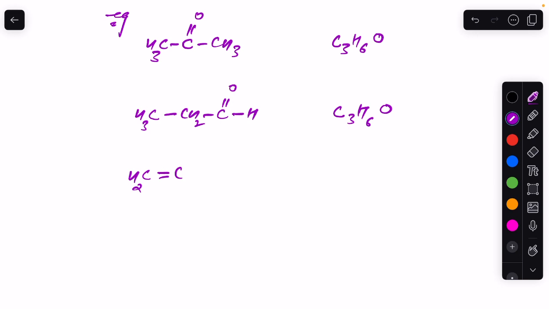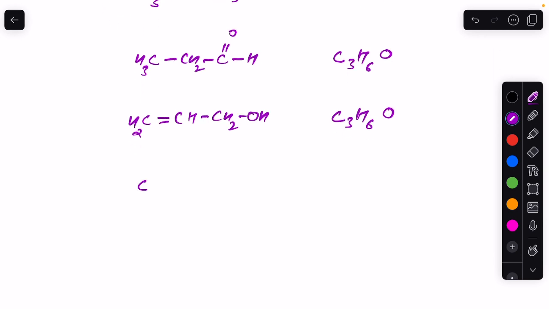Then CH2 double bond CH, single bond CH2 and OH. Again carbon is 3, hydrogen is 6 and a single O. CH2 double bond CH, single bond oxygen, and then CH3, C3H6O.